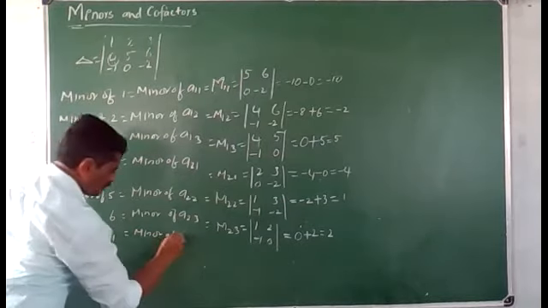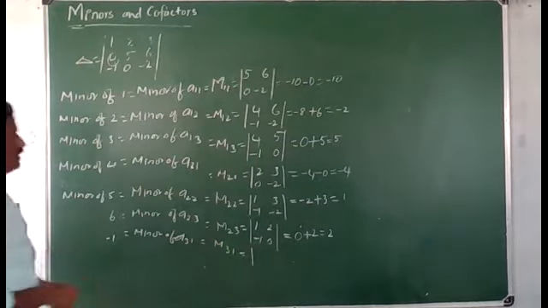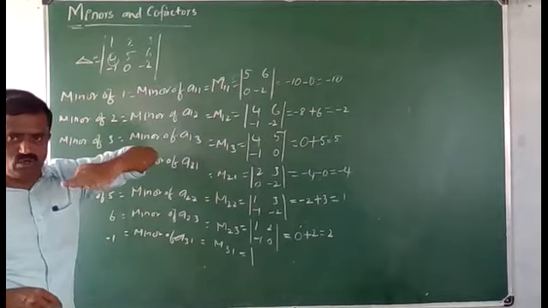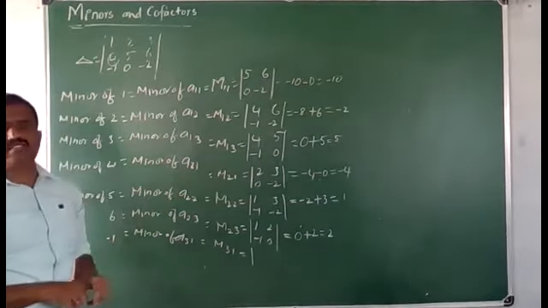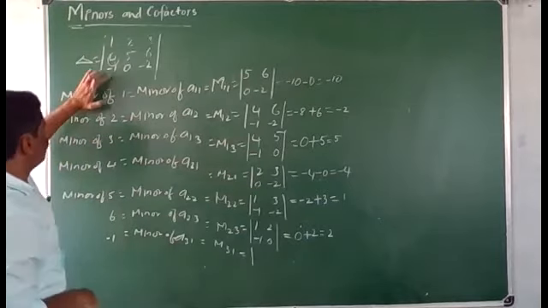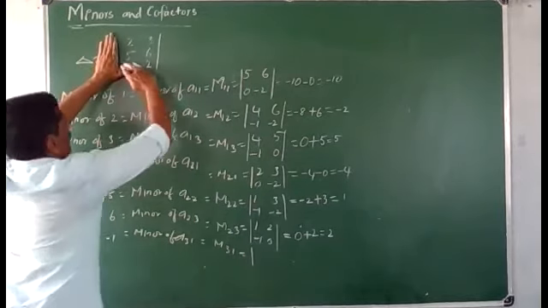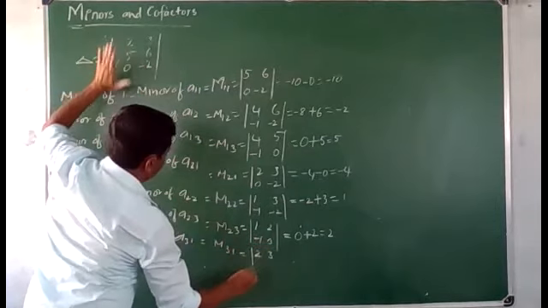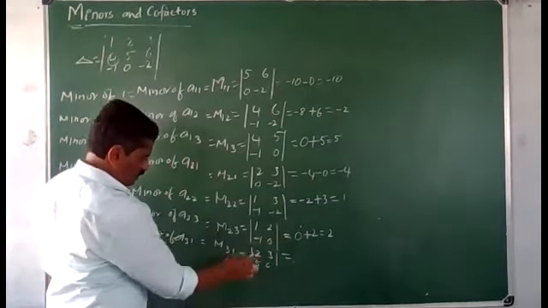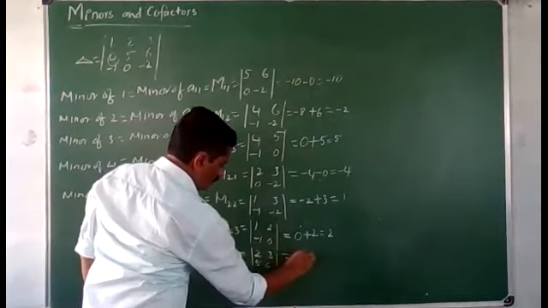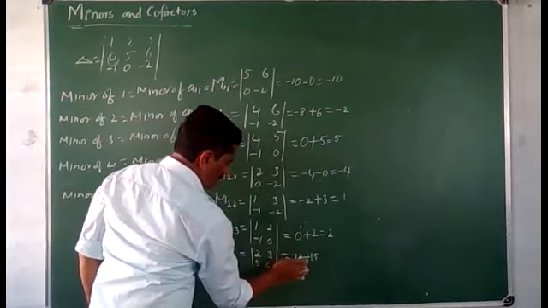Third row first element. Therefore that is A31, that is equals to M31, that is equals to the determinant. Whichever row this -1 is in, leave that row, and whichever column it is in, leave that column, and write the remaining elements in determinant form. So in the third row, that is -1, leaving the third row and first column, what are the remaining elements? That is 2 3 5 6, that is equals to 2 into 6, 12, minus 5 into 3, that is 15.